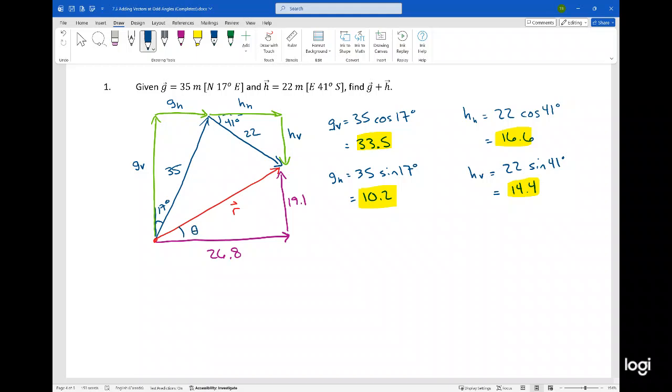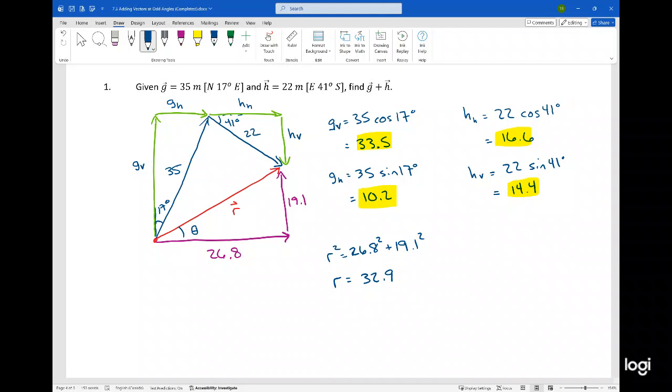All right, so to get the magnitude, r squared equals 26.8 squared plus 19.1 squared. I'll quickly throw that into my calculator. That gives me a number a little over 1,000, and then I take the square root and I get 32.9, which looks about right.